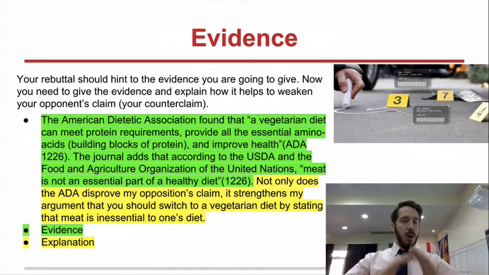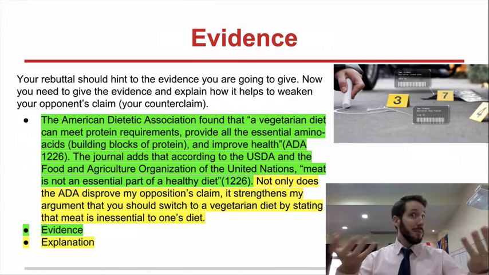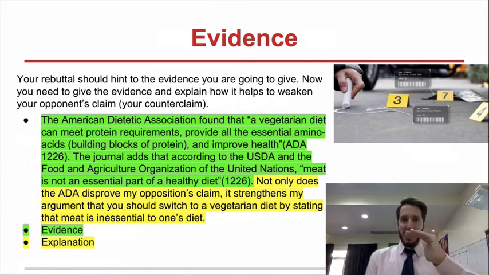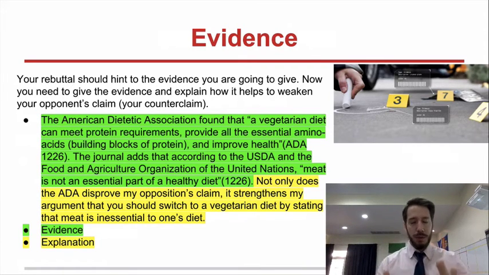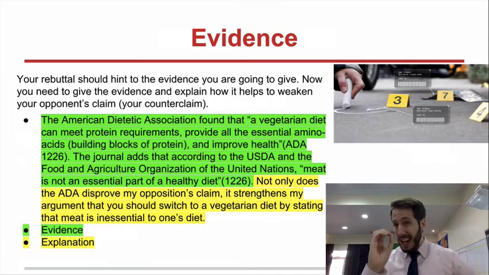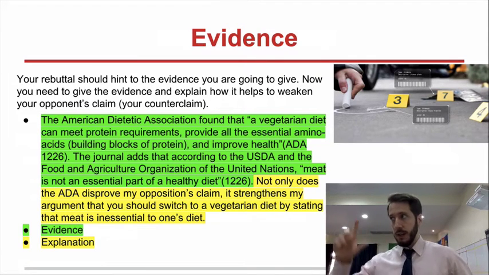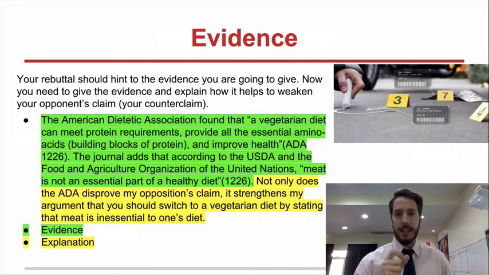So now that I've noted that rebuttal, it's almost like a subclaim, right? Now I have to use evidence to support it. Now, you also need to include analysis. Why is that evidence significant to defeat that counterclaim? So here's the example. The evidence is in green and the analysis is in yellow. The American Dietetic Association found that, quote, a vegetarian diet can meet protein requirements, provide all the essential amino acids, and improve health.